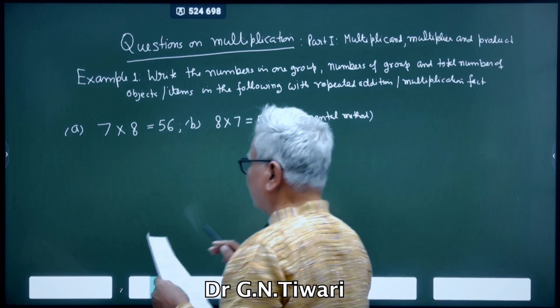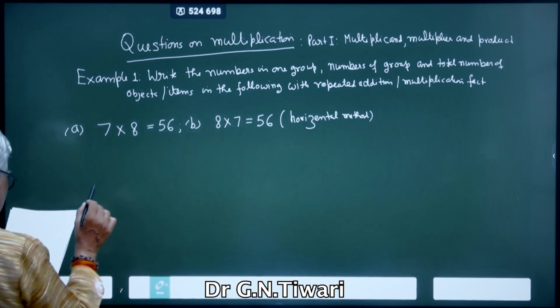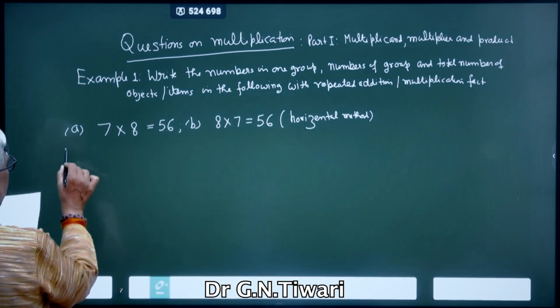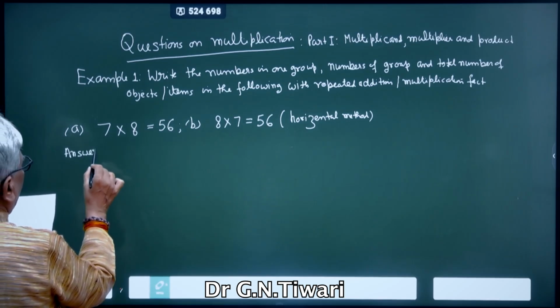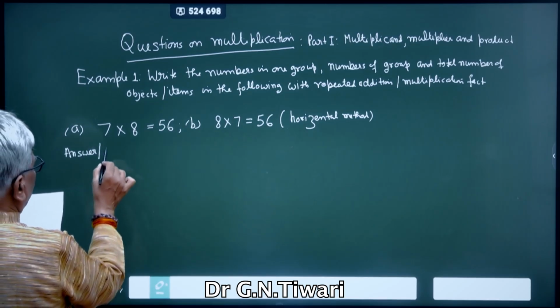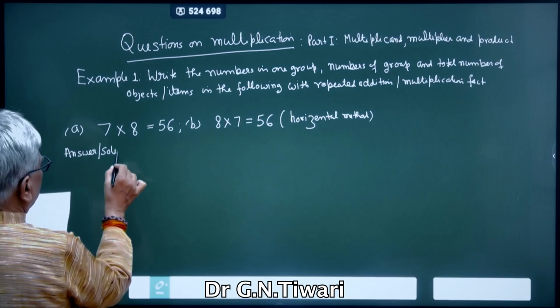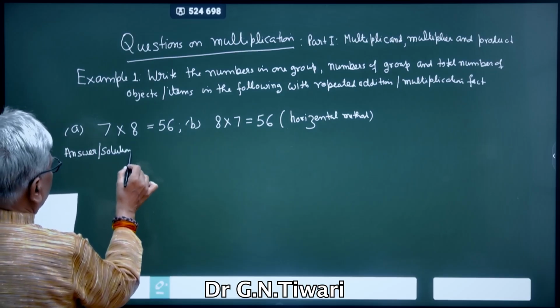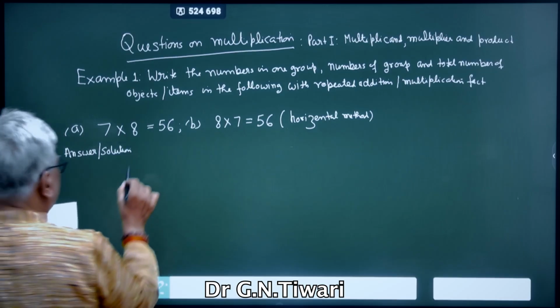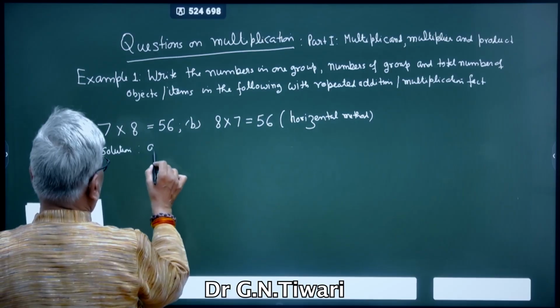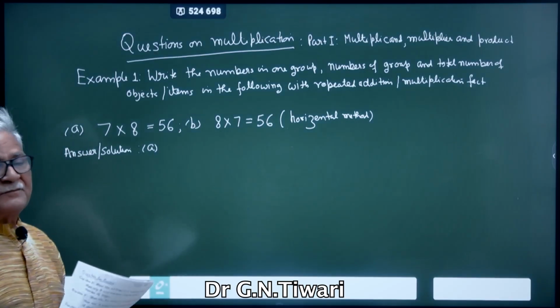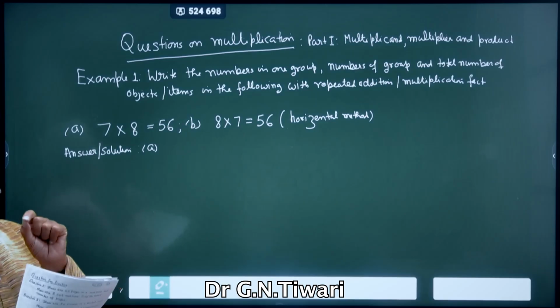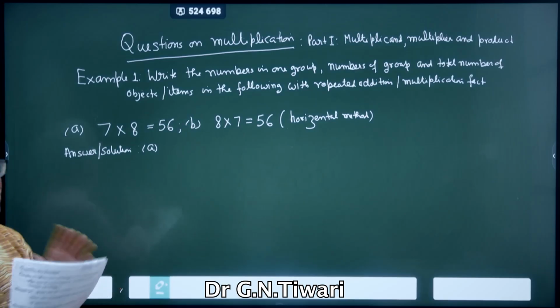Now see the answer. I am giving the answer of A. You can say solution also. Now see, the first number, the first digit, is the number of objects in one group.